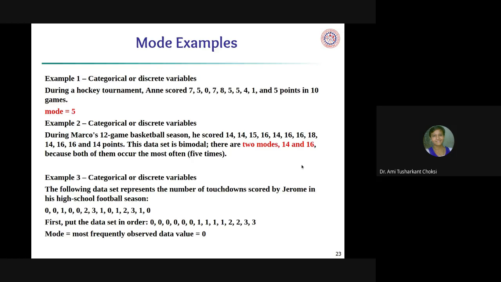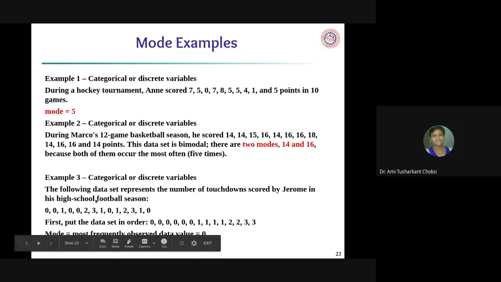Now if the data is 14, 14, 15, 16, 14, 16, 16, 18, 14, 16, 16, 14. For this data, 14 and 16 are both available most often, that is 5 times, and so this data set is bimodal, right? Categorical or discrete variables only we are considering.